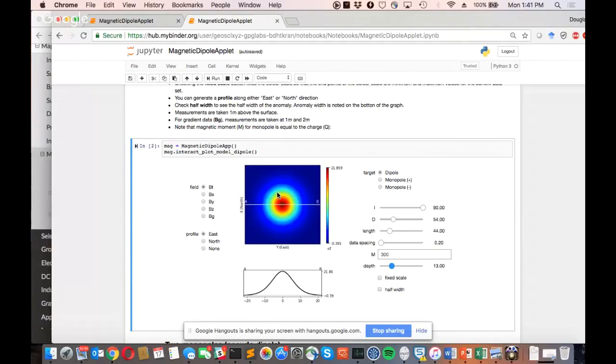Now up here on this plot, I'm actually going to plot my anomaly. And so at this point here, it's going to be positive and it's very big, right?